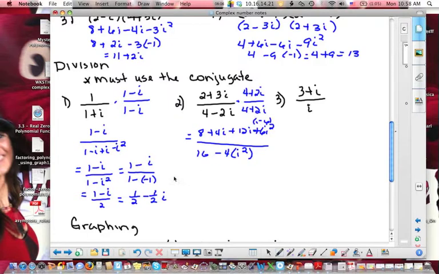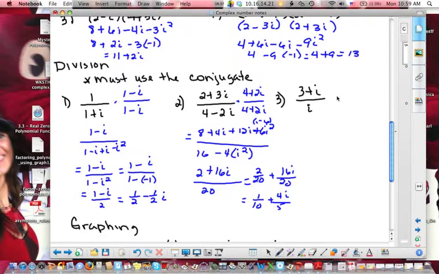So I have 8 minus 6 to be 2. 4i plus 12i is 16i. This i squared will make this become a plus 4. So 16 plus 4 is 20. Splitting the fraction up, 2 over 20 plus 16i over 20, and then reducing. So 1/10 plus 4i over 5 would be my answer.